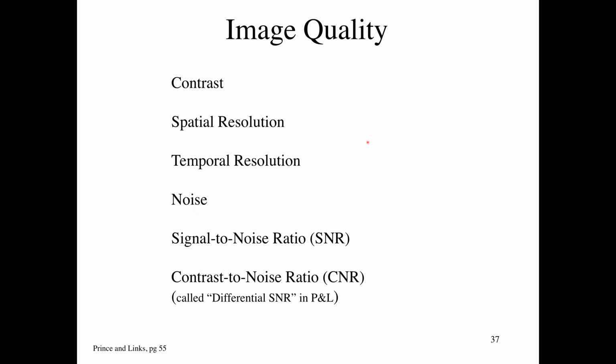Temporal resolution comes in kind of two forms. One is, can you watch the physiology at the appropriate time scale? Do you get enough images to actually see an increase in signal such that you can measure blood flow, for example? And the other is what you would call the intra-scan temporal resolution: how long does your shutter, for lack of a better word, have to be open to collect the signal?